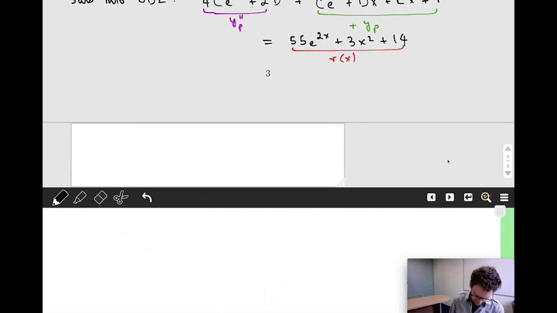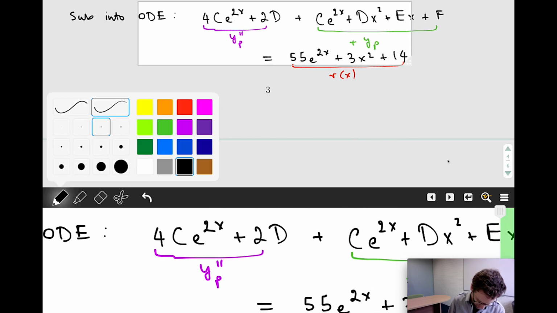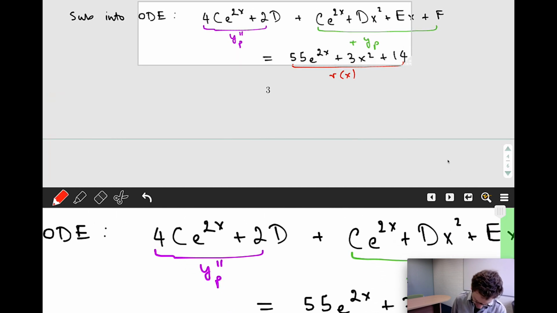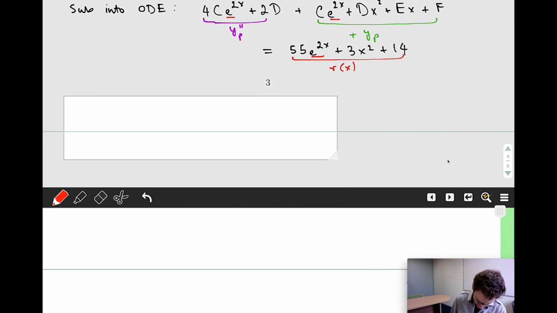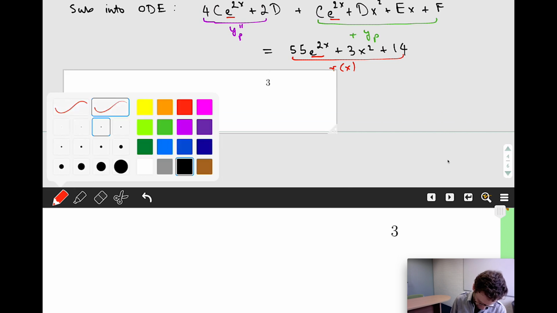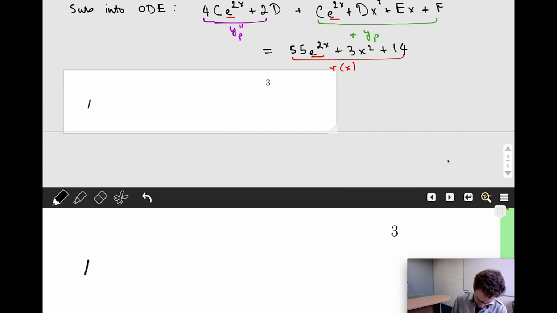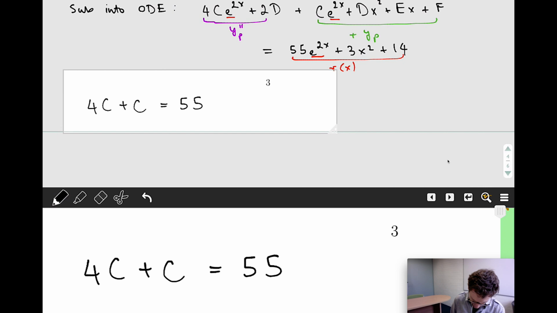So let's gather together all the terms involving e to the 2x. So I get 4c plus c equals 55. Those are the coefficients of the terms involving e to the 2x.